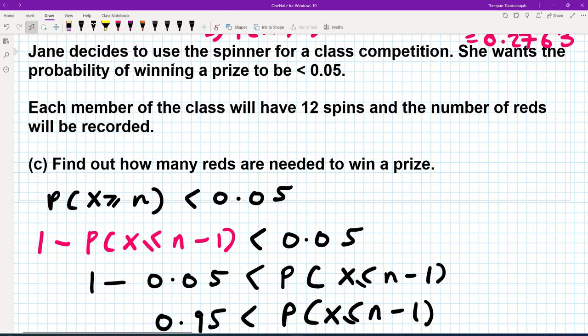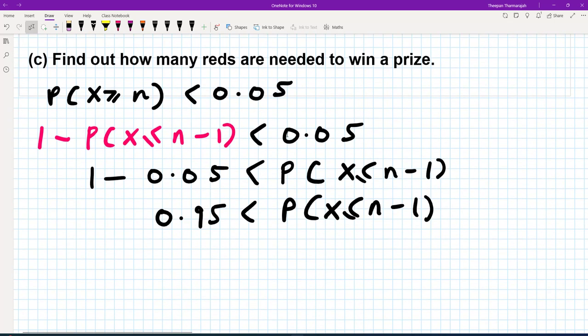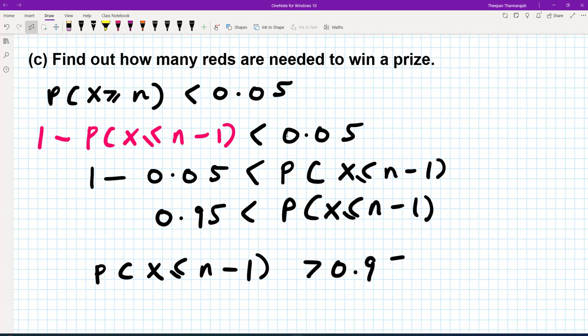But what does that mean? Well, in everyday life, if I said to you 2 was less than 3, another way of saying that is 3 is greater than 2. So we can say in our case the probability that x is less than or equal to n minus 1 is strictly greater than 0.95.